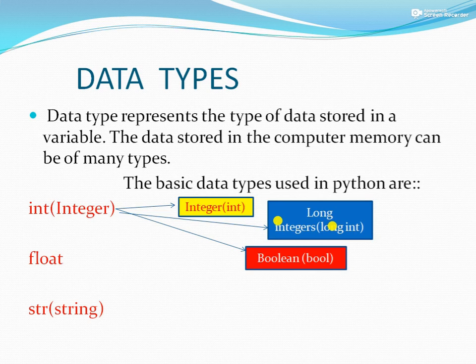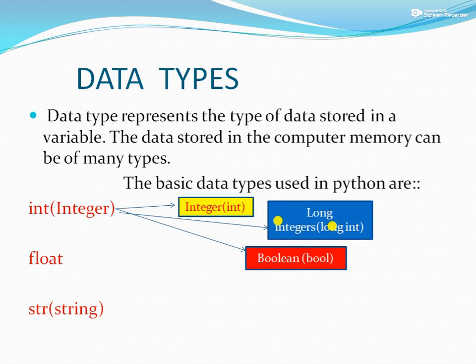The basic data types used in Python are as follows. Integer, and integer can be divided into three parts: integer, long integer, boolean. Integer, as we use in our mathematics, I think you all know about the integer. Integers are the whole numbers.